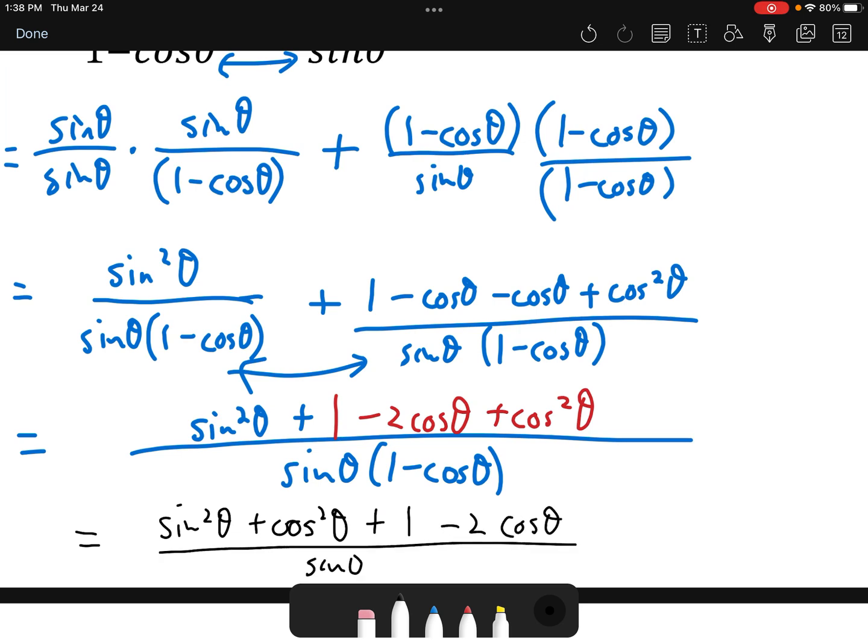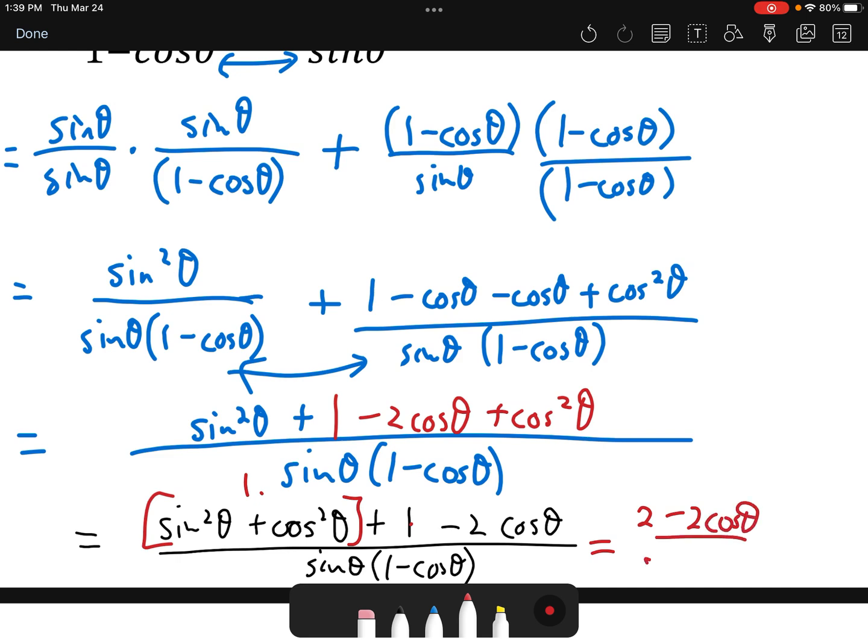And then I got my denominator, of course. So sine squared plus cosine squared is, I know you're going to say it, it's 1, isn't it? So 1 plus 1 is 2, so you have 2 minus 2 cosine theta over sine theta times 1 minus cosine theta. Nice. Well, you think you're done?